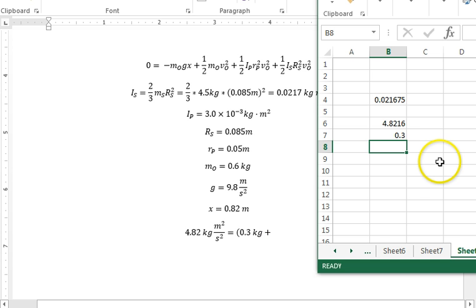Okay, equals 1/2 times I of the pulley, which is 3e minus 3, times the radius of the pulley, 0.05 squared, right?